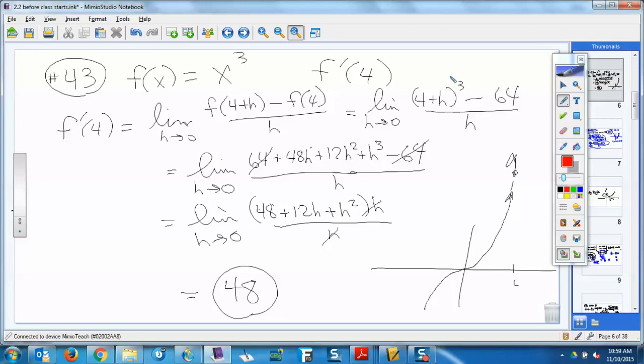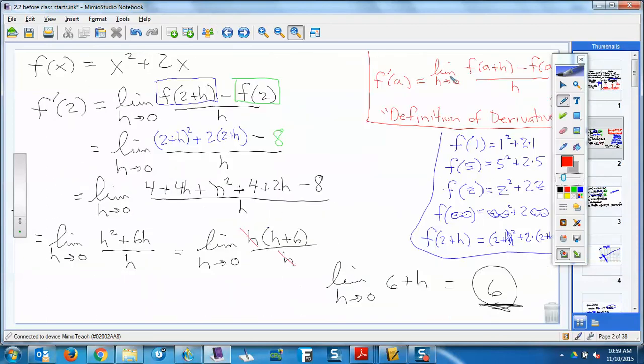So when I see 4 plus h cubed, that tells me wherever the 4 plus h is, what must have been there before I plugged in 4 plus h? The x, right? The 4 plus h goes in for the x. So when I see this, I'm thinking to myself, that function must have been x cubed. If I'm thinking backwards, that function must have been x cubed, because I know 4 plus h goes in where the x was, and I see 4 plus h there.